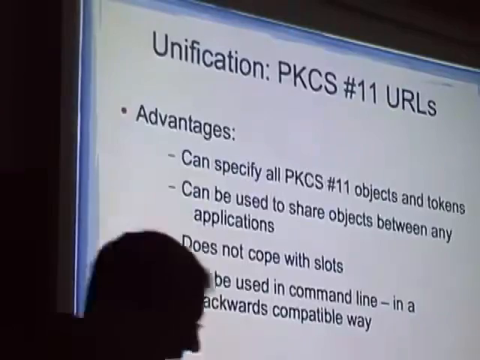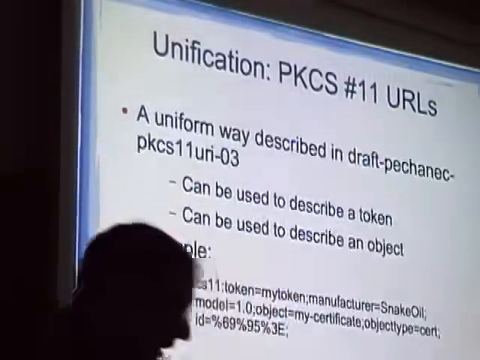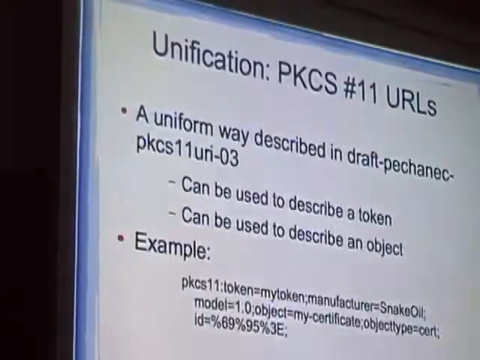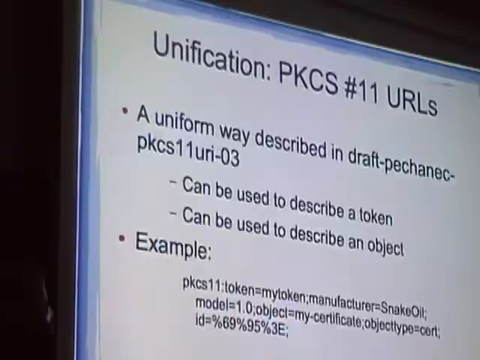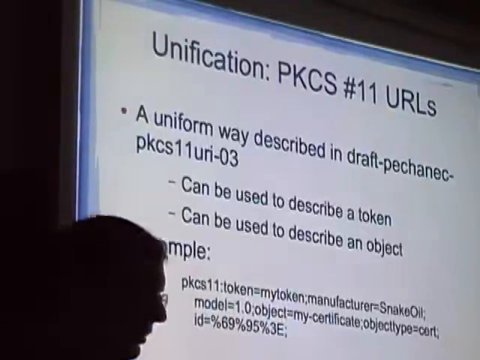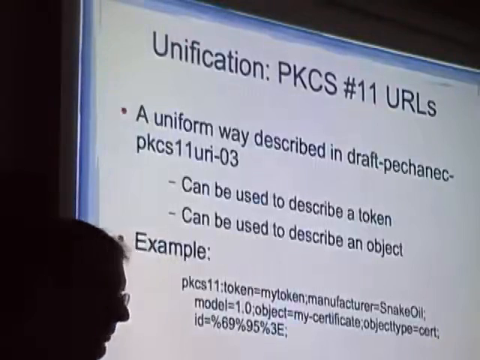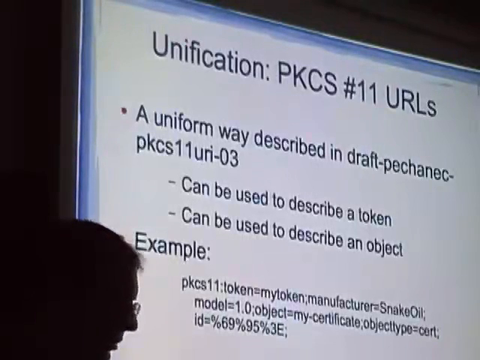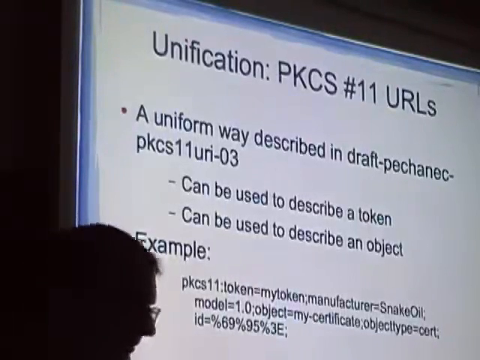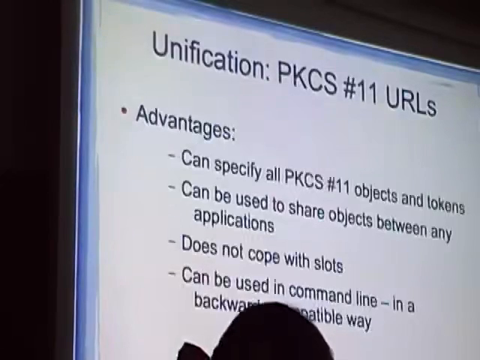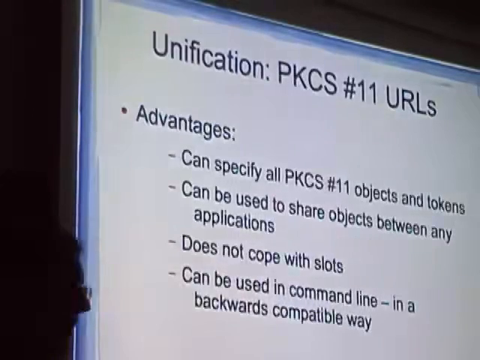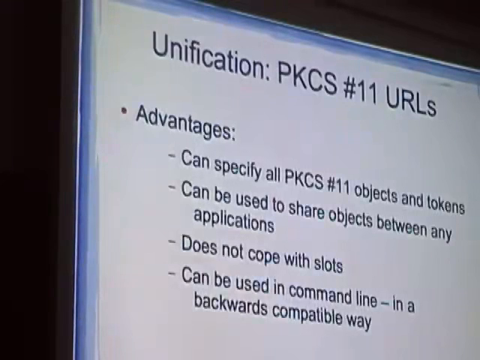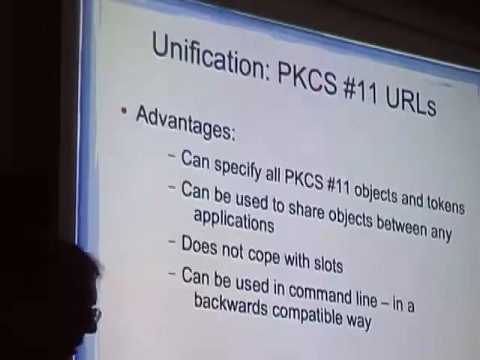Let's say if all applications decide to standardize this URL scheme, you can copy, let's say, the position of your certificate, your URL, from one application to the other. And a nice property is that it can be used in command line, because they are purely text.